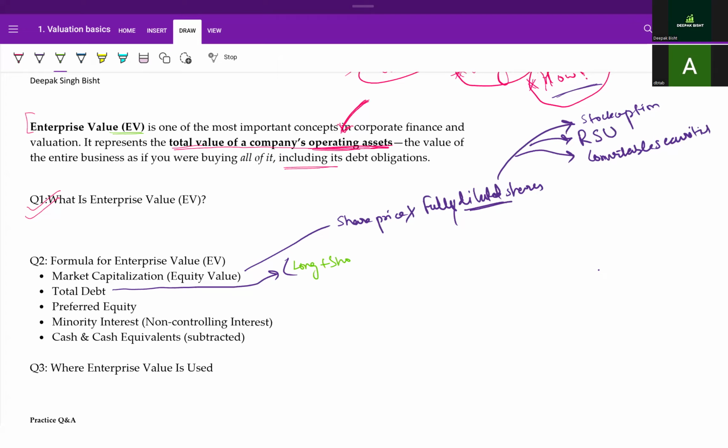But the short-term debt is actually to be paid within 1 year, and these are small short-term securities which can include bank line of credit, commercial paper, and short-term loans.